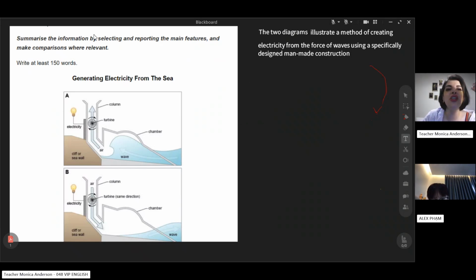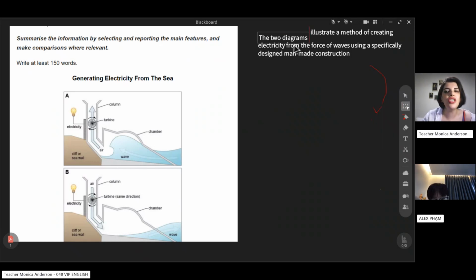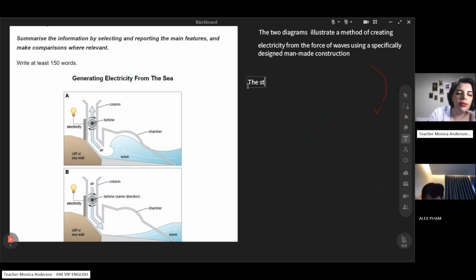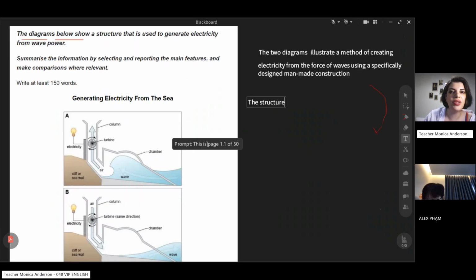Now I can use the same words again, because there is a point here, Alex. In the introduction, we don't repeat the same words from the question. But after that, I can use the same words because I've already paraphrased them. Now I say the structure. As you can see, because I paraphrased show a structure, I can use it now.